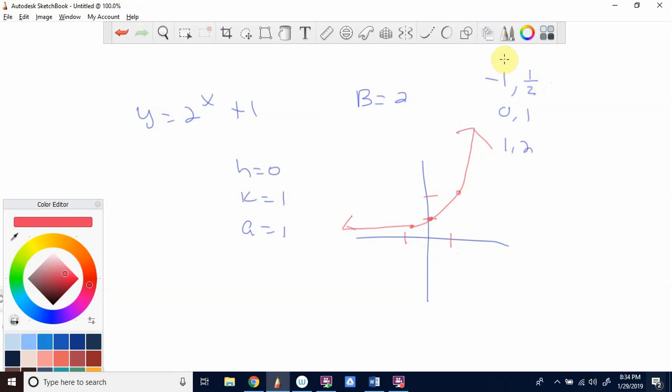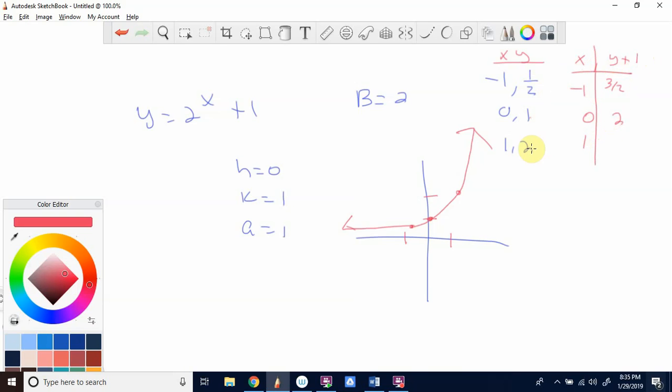So this is the parent function, x comma y, and we know we had x plus 0, or just simply x, and then we had 1 times y and y plus 1. So x doesn't change, so negative 1, 0, 1, and 1/2 plus 1 is 3/2, or 3 over 2.